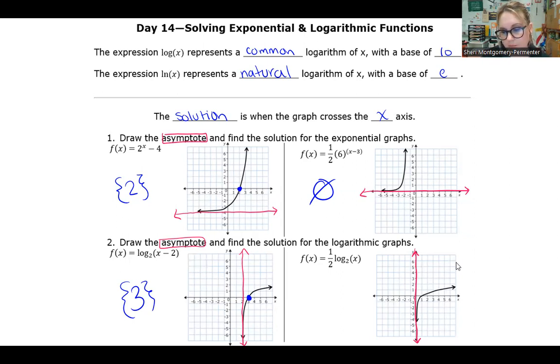Don't overthink it. Okay, so finding the solution from a graph, easy stuff. Please make sure on your homework that you show me asymptotes and you put the answer.